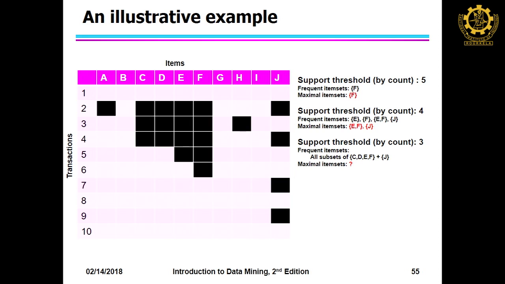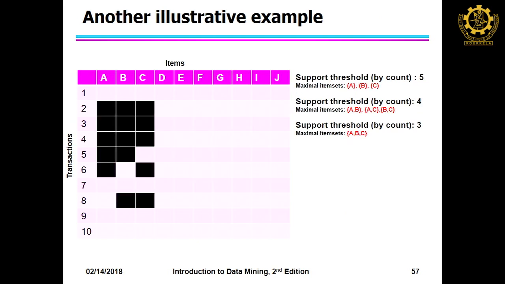So, EF and J. So, if it is 3, which one will be the maximal? J is sure and then C, D, E, F. Let us see, C, D, E, F and J. Similarly, you can verify it.